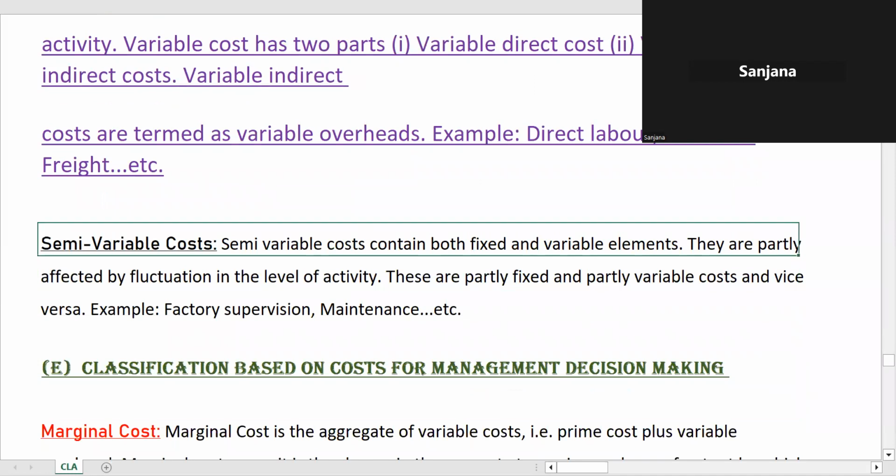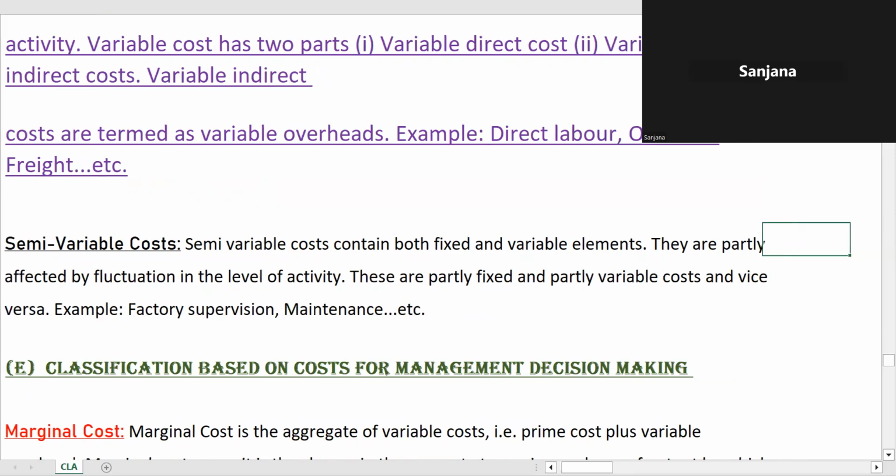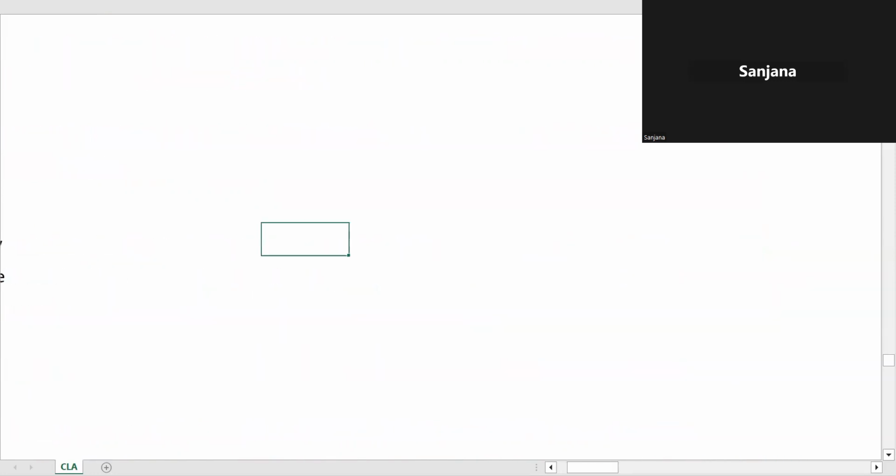Then last in behavioral study is semi-variable cost. Certain things are such that some part will be fixed, some part will be variable. When you go for mobile plans, they will say this plan is for rupees 200. 200 is the fixed part, and then your billing will be 50 paise per call.